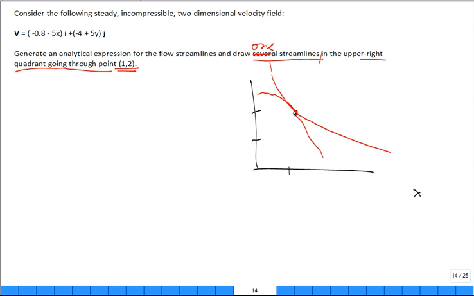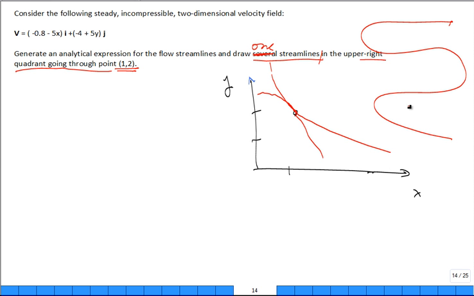How do I find the function here? This is the y-axis as a function of x. Unless the fluid is doing something like this, guess what? Then I have a very hard time getting y as a function of x. Y is not a function of x if you have this, true? But if they're nice, they give you the streamline such that it can be written as a function where y is a function of x.